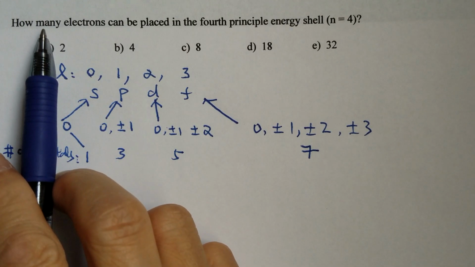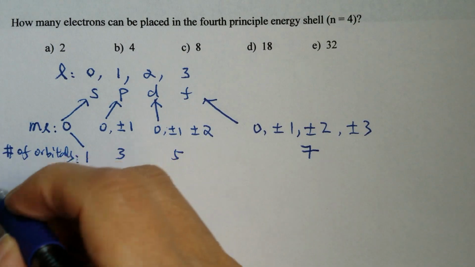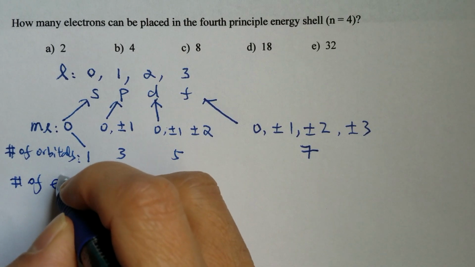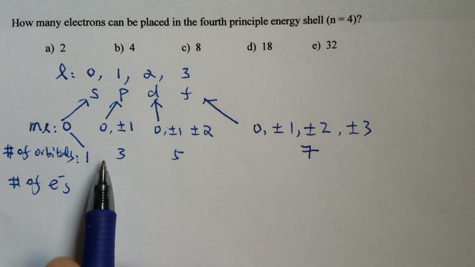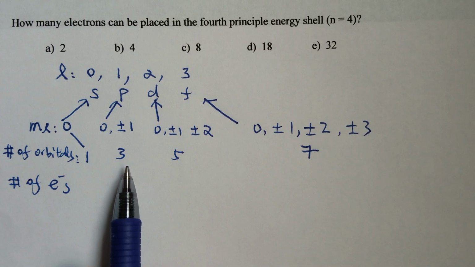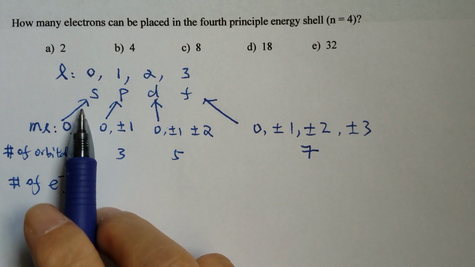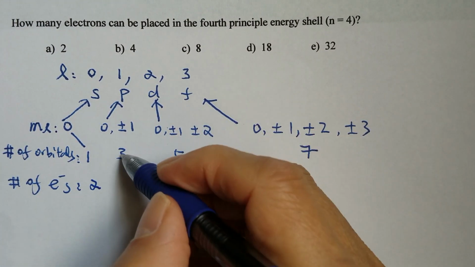What is asked now? We are ready to answer this question now. So how many electrons? Number of electrons. Okay, so we know each orbital can maximum accommodate 2 electrons. So for the s orbital, or L equals 0, the number of electrons is 2.